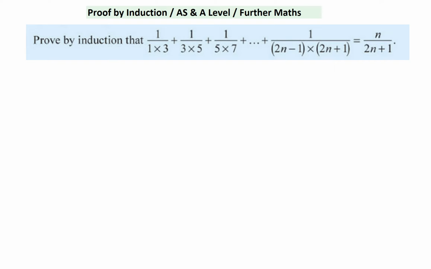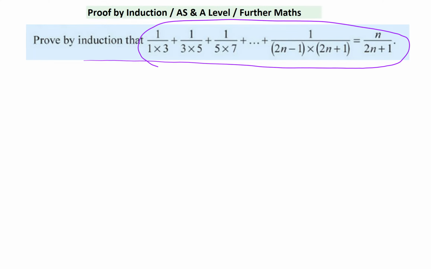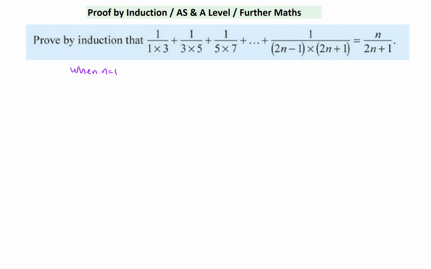So in this question we need to prove by induction. What we will start with is when n equals 1. So when n equals 1, then we can say that the left hand side, which is this side, is the left hand side, okay?